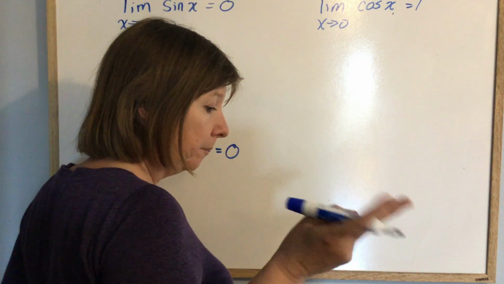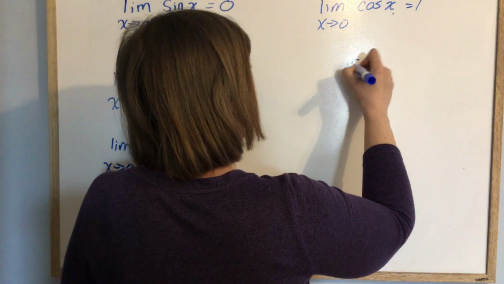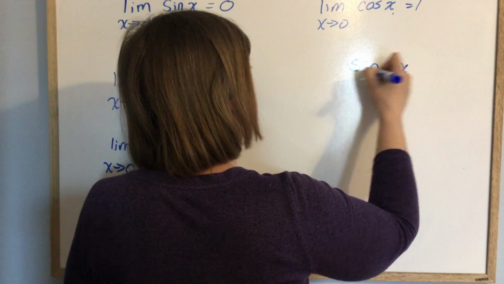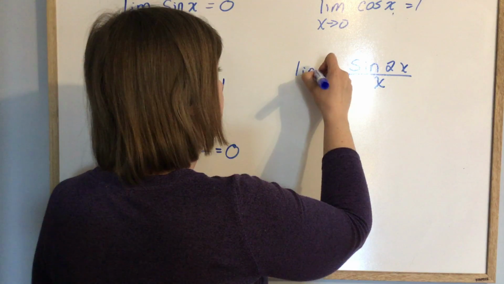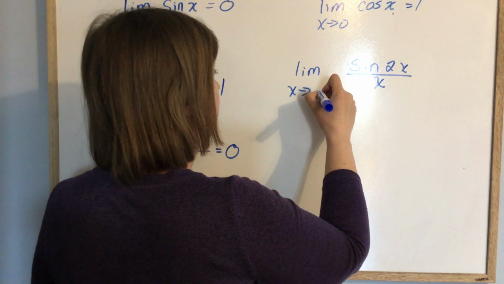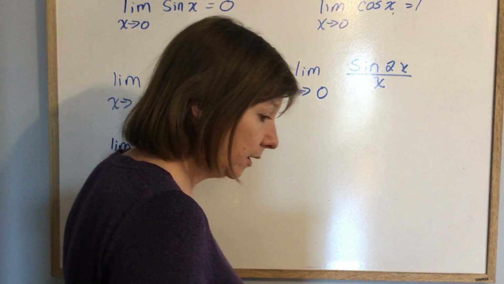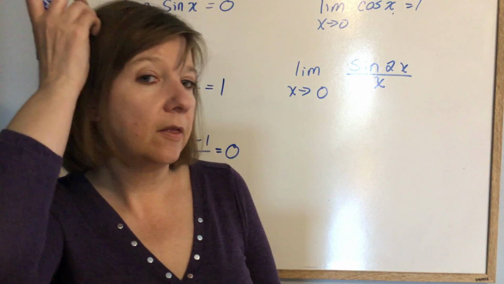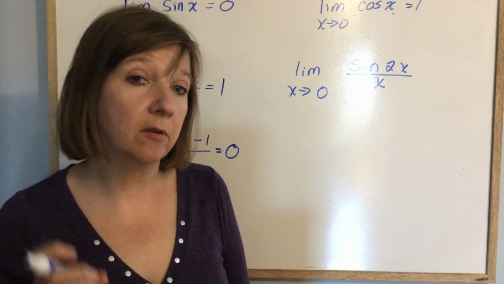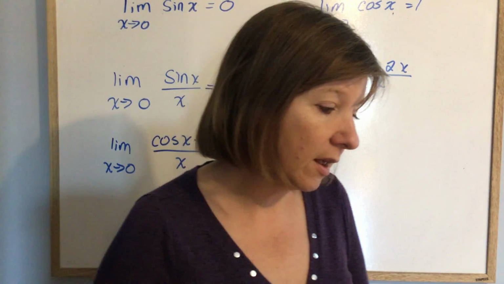Example 2b gives sine 2x over x, and it is my limit as x approaches 0 again. Now, if you look in the textbook, they actually give 2 separate solutions for how they do this.